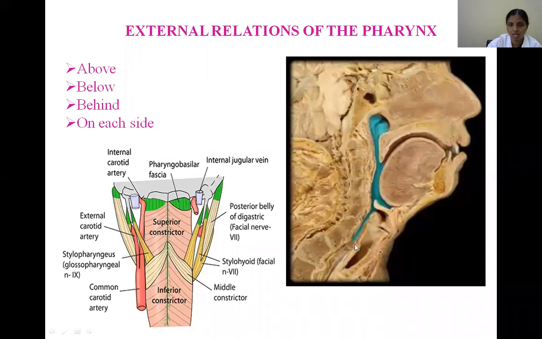Then below, at the level of the cricoid cartilage, it continues as the esophagus at the level of the 6th cervical vertebra. Then behind, it is supported by the cervical vertebrae, from C1 to C6.